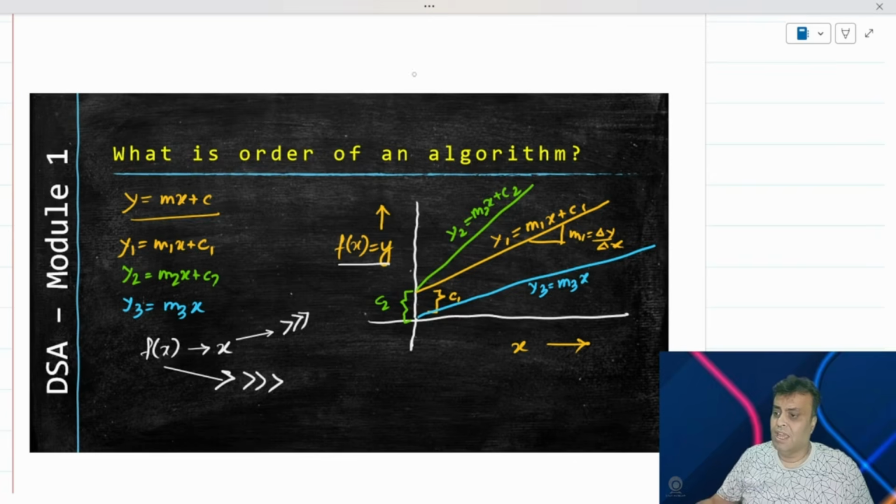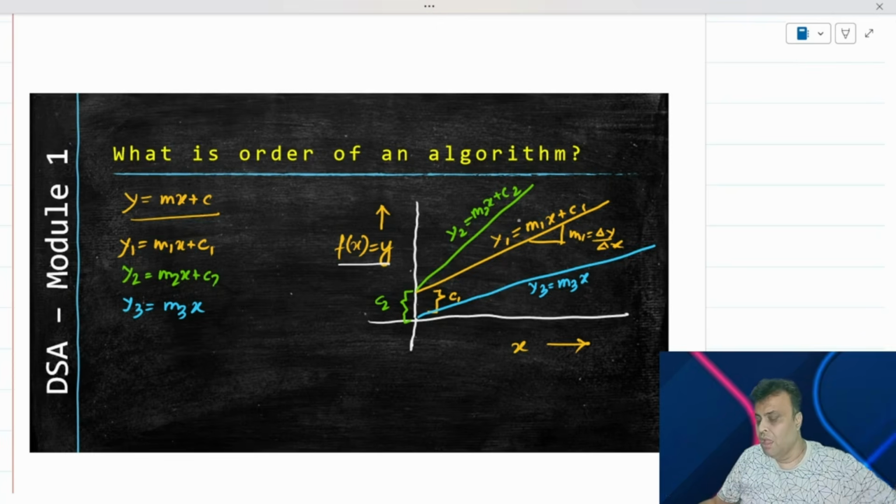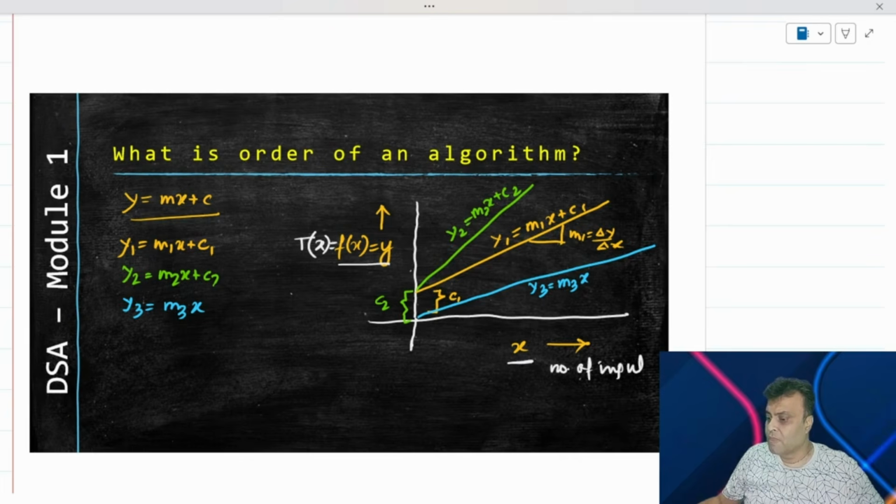So if we say that these are the time taken for execution of your system, can I say that this is also a function of x? The time taken is nothing but t of x, which is dependent on x, and x here is the number of inputs. If the number of inputs provided to my algorithm keeps increasing, can I say my tx also keeps increasing? Of course.